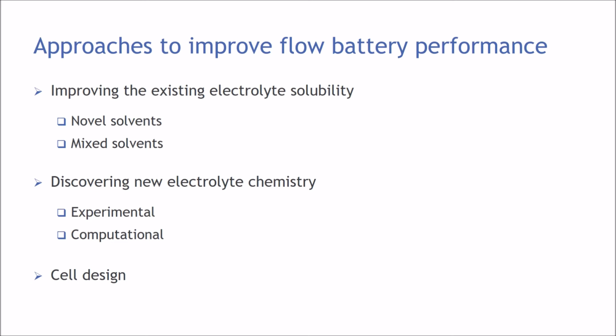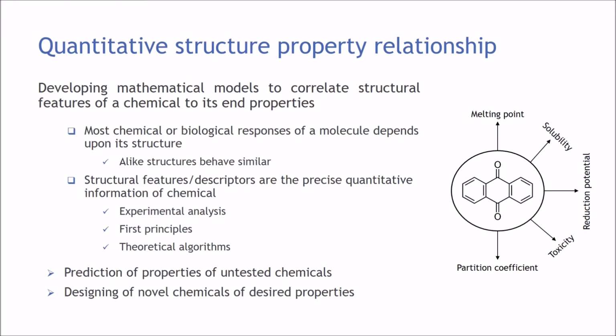It can be done from experimental synthesis or by computational exploration of new compounds. We can also improve flow battery performance by optimizing several components of a cell. Before we get into the details of our computational framework, we'll first look into the concept of QSPR.